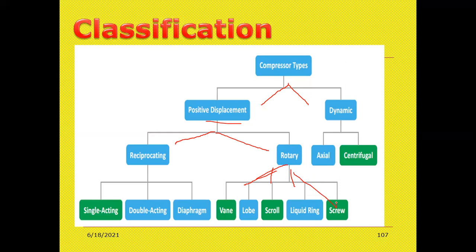So like this, compressors are classified into 14 types available in the market, but it depends upon the specification and the customization. You have to select it. Now we'll discuss each one of these compressors in detail.